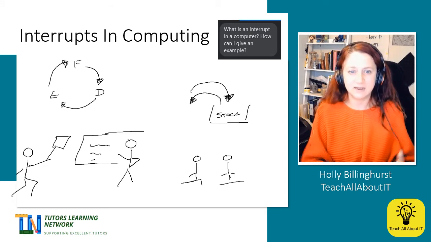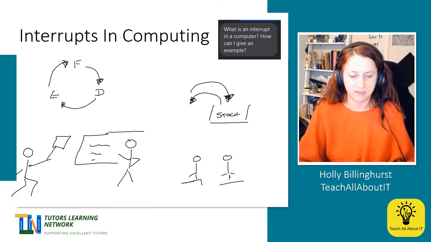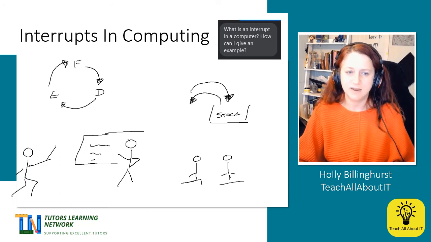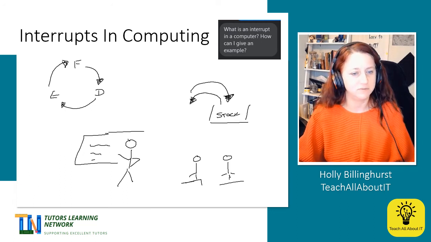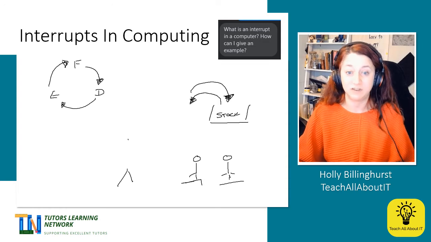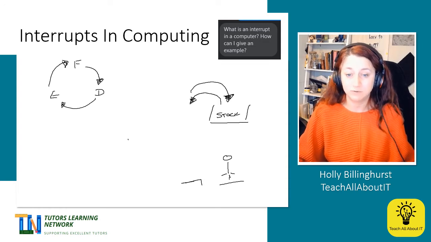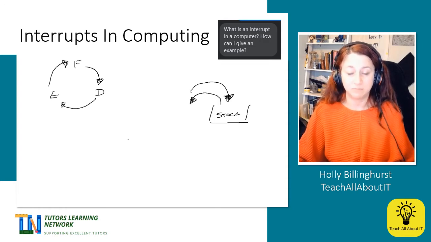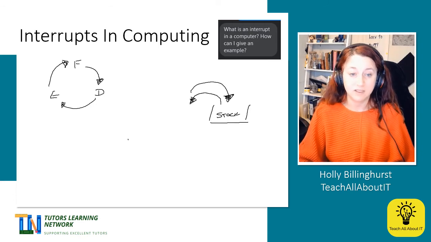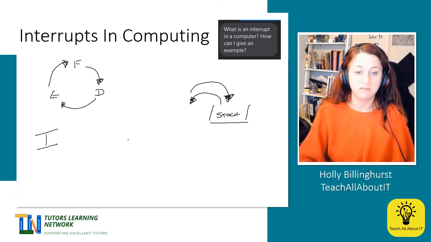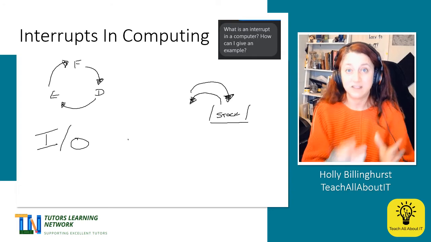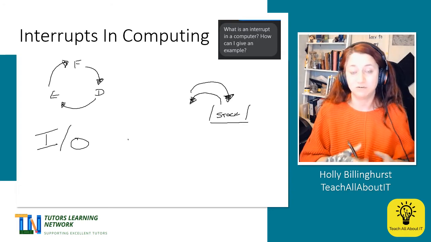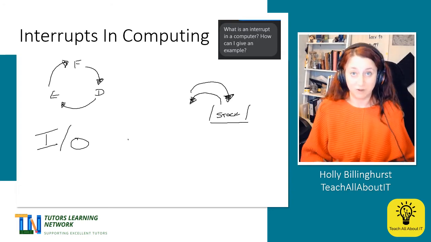So let's have a think about some possible examples. Now, using somebody coming through a door to interrupt is a really good real world example. But when we are talking about something that is happening inside the computer, anything which is input or output is probably of a higher priority than anything that's happening right now.